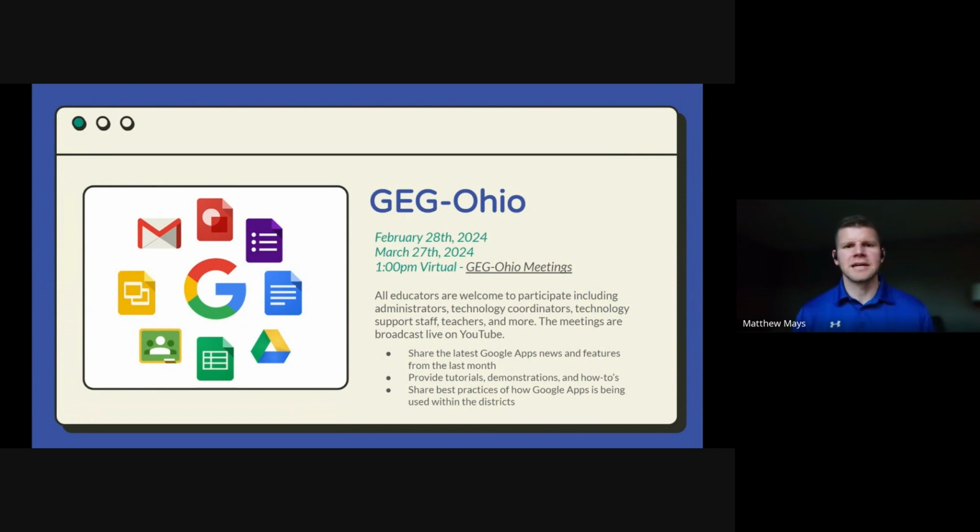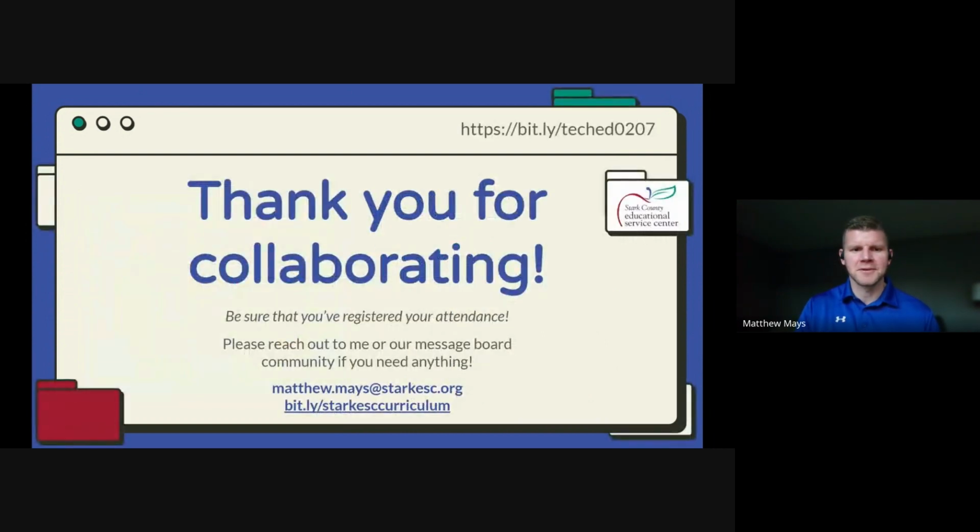That's going to take you to the calendar invite, so you can put it on your own calendar to check those out as well. The premise is basically what's going on with Google in the last month or in the last however many days since the previous meeting. And it's educators not just from Ohio. The name is kind of a misnomer. We get people from all over the world who tap into those calls because the GEG Ohio community is so strong. So please, by all means, feel free to come out to those as well.